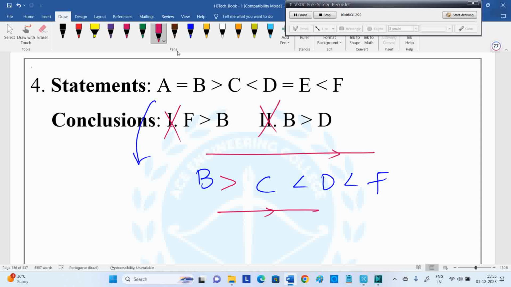Sometimes you can use D, sometimes you can use E. But here in conclusions, E is not at all there. I am not using it. So the answer here is neither 1 nor 2 follows. Done with this question.